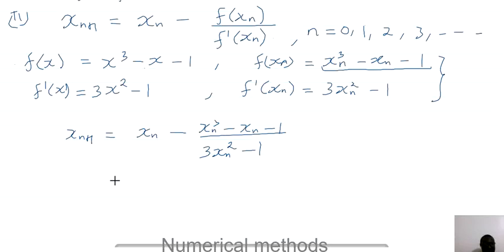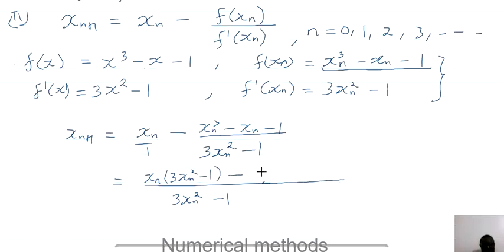So let's get the LCM. LCM is 3x_n power 2 minus 1. So this divided by the 1 which is here, we shall have this very one times x_n. So I have x_n into bracket 3x_n squared minus 1, minus, don't forget, you have to put a bracket here, so we shall have x_n power 3 minus x_n minus 1.